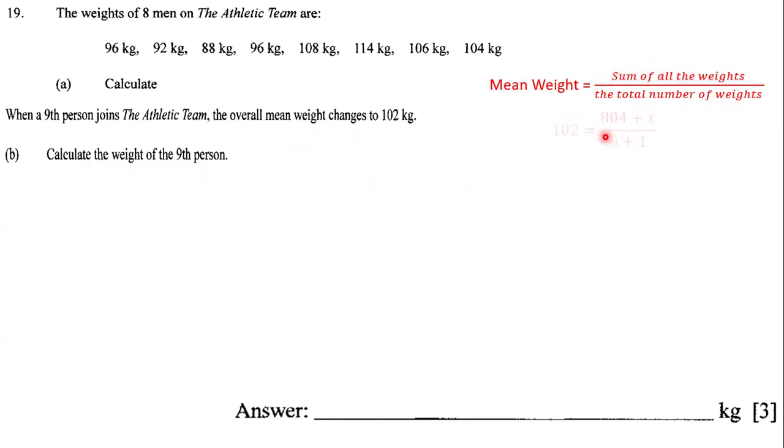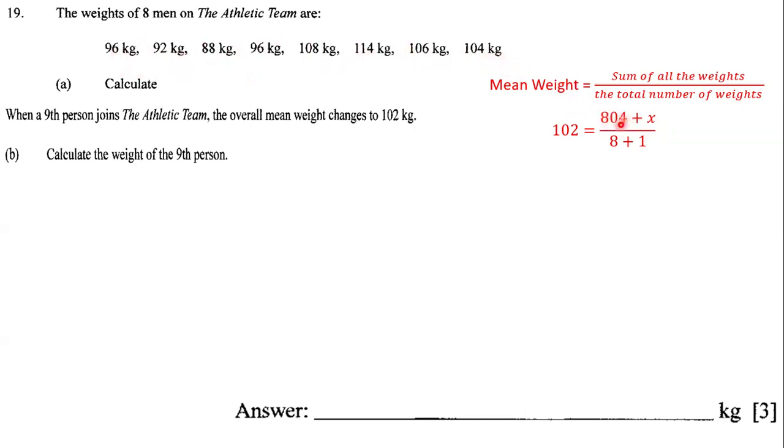Well, the sum of all the weights is going to be 804 plus X, if we let X be the weight of the missing person. 804 is the sum of the first 8 weights: 96, 92, 88, 96, 108, 114, 106, 104. If we add them all up, we get 804.